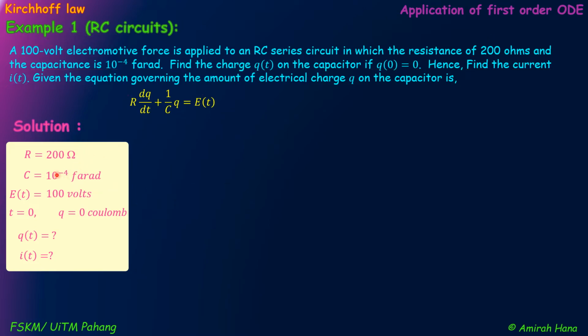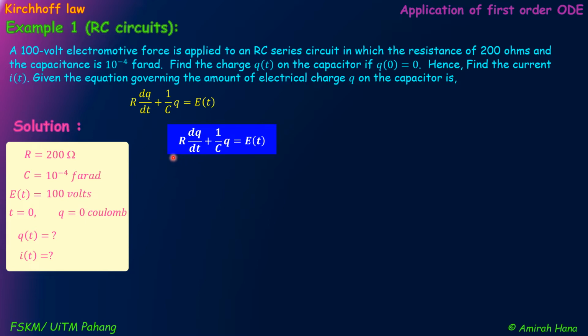After we extract the values of R, C, and E(t), we can start with the given formula, which is R dQ over dt plus 1 over C Q equals E(t). From here, we substitute the values of R, C, and E(t) into this equation.